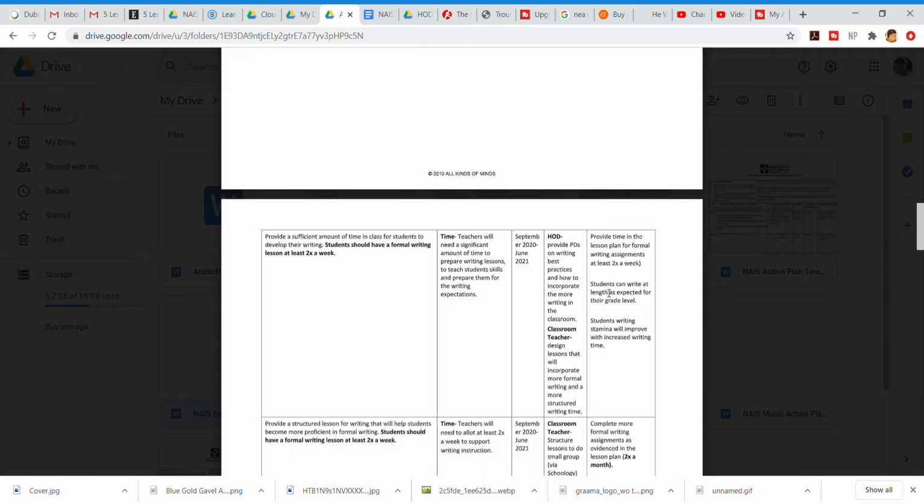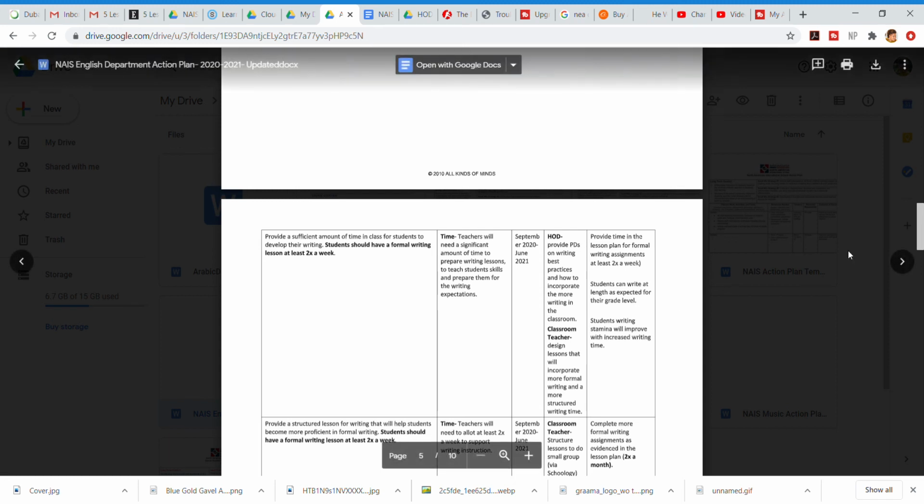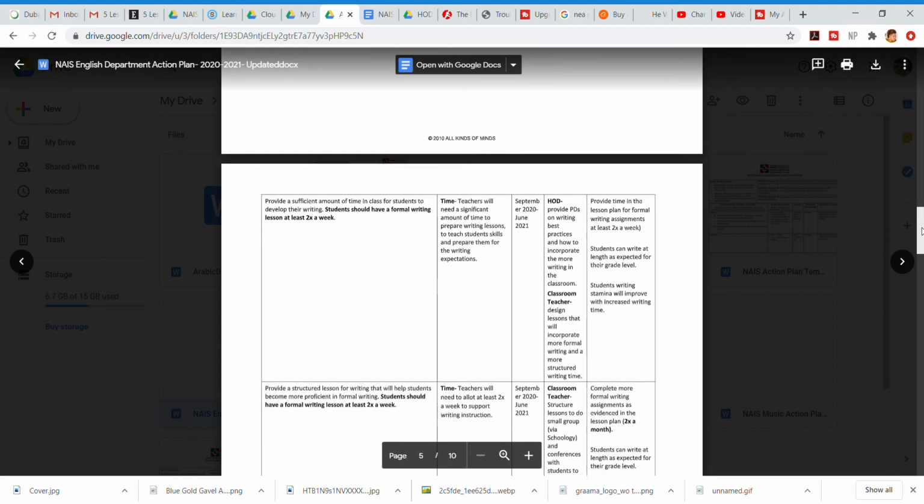As I say, students can write at length as expected for their grade level per the rubric. You need something in there to quantify your evidence. You always need your evidence as a tangible. A percentage. Students will improve writing stamina by 50% time based upon a pre-exam and post-exam. You do need to have a quantifiable number in your action plans.